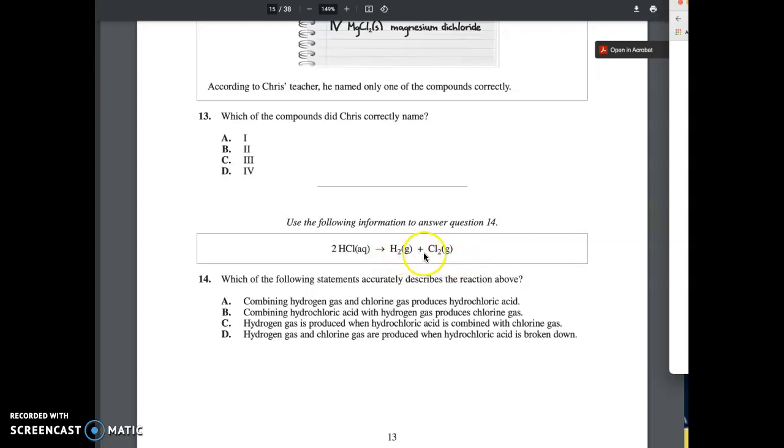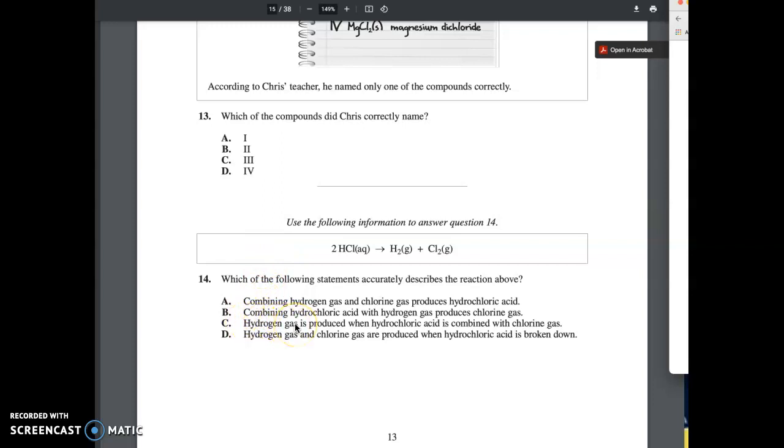If these were the products, or these were the reactants and that was the product, but it's not. Okay, this is a decomposition reaction. So combining hydrochloric acid with hydrogen gas, that means you'd have HCl plus H2 produces, the little arrow, produces chlorine gas. That's not what it says.